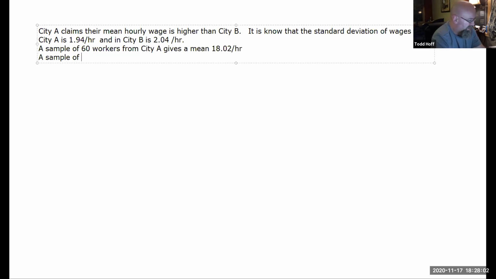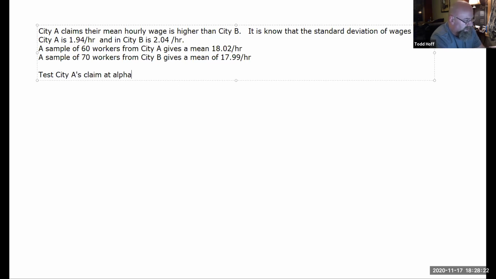A sample of 70 workers from City B gives a mean of 17.99 per hour. So we're going to test City A's claim. Let's go alpha equals 0.10. We'll make a pretty loose test here.